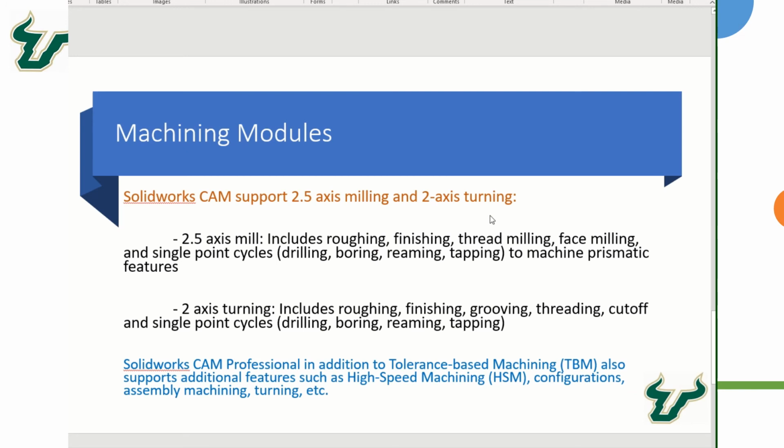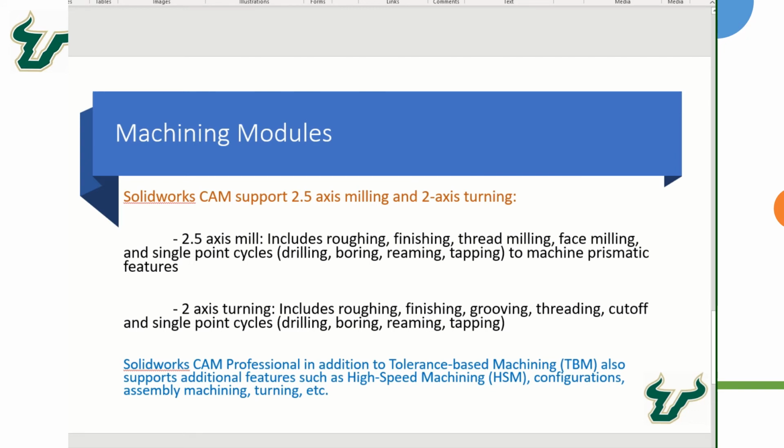Okay, so let's take a look at the machining modules now. SolidWorks CAM basically supports 2.5 axis milling and 2-axis turning. So what is this 2.5 axis milling, or what's the difference between 2.5 axis and three axis milling, for example?